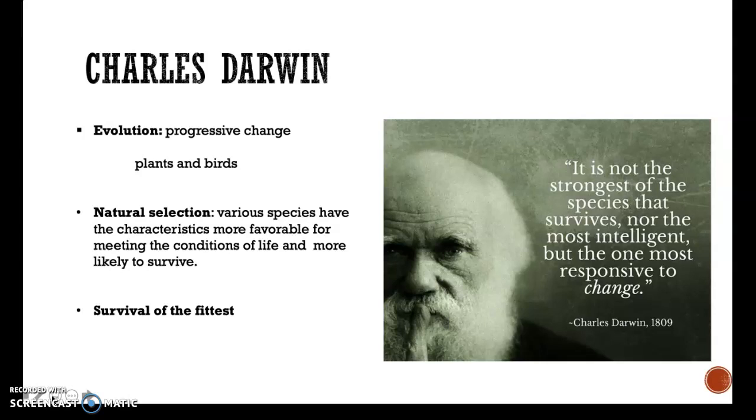Actually, Aristotle, the ancient Greek 2,500 years ago, did talk about organisms being able to evolve and progress. 100 years before Charles Darwin, there was a Swedish naturalist who also talked about progress and evolution. A generation before, there was another scientist, so he's definitely not the only one. He's associated with it, and everybody gives him credit for some reason.